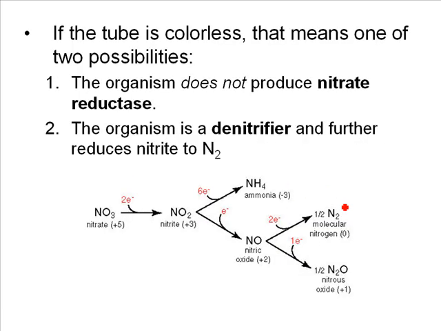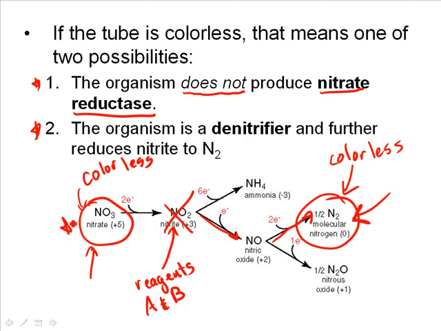So the zinc and HCl is going to work right here. The zinc and HCl are going to allow us to see, really, if possibility number 1 exists. So if that nitrate is sitting there and cannot be converted by the organism, the zinc and the HCl will do it for us.